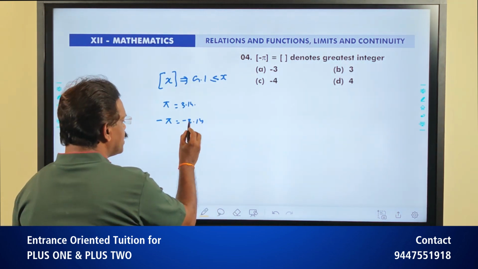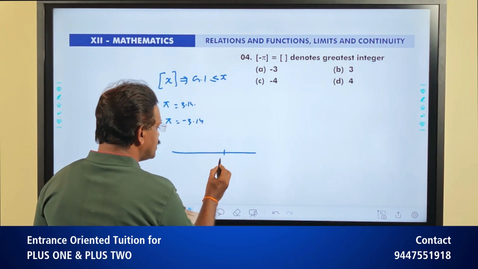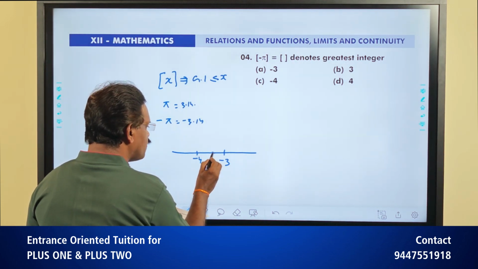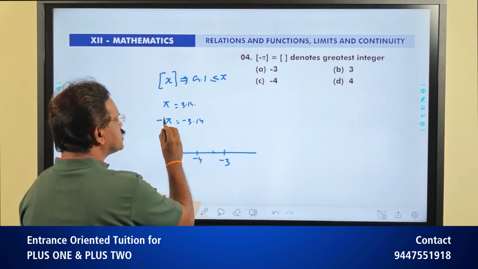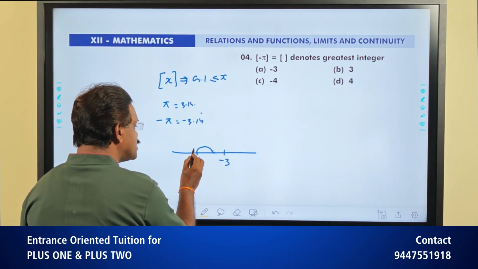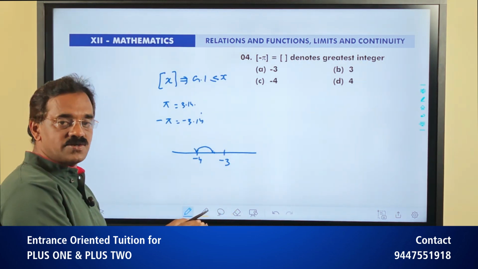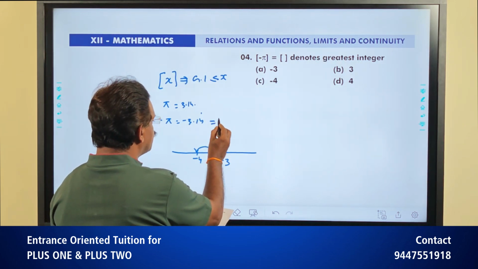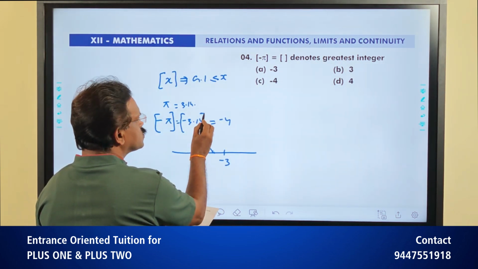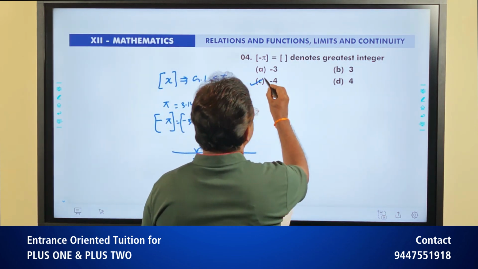When you mark it on the number line, this is minus 3, this is minus 4, and minus 3.14 comes somewhere here. When we consider the greatest integer function, we look at the next integer before that one. So the answer is clear: minus 4. The greatest integer value of minus pi is minus 4. So the choice is C.